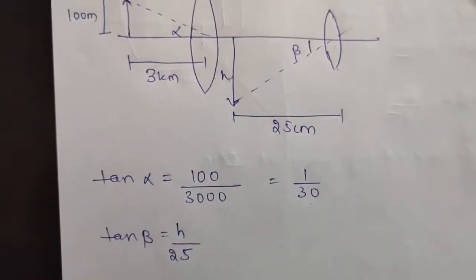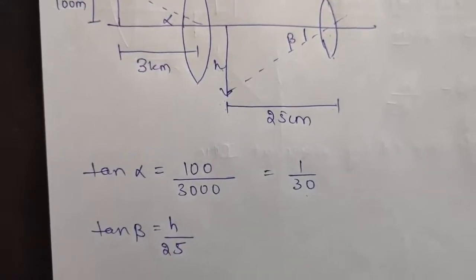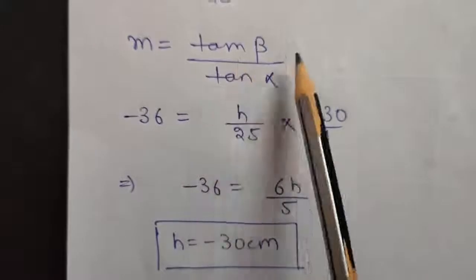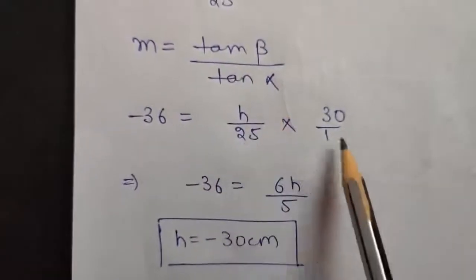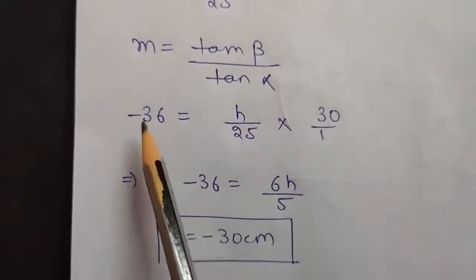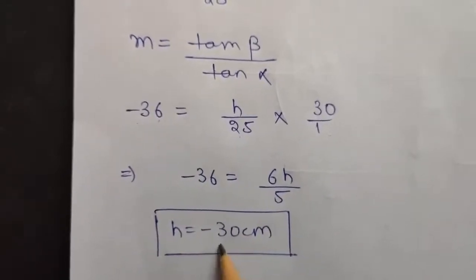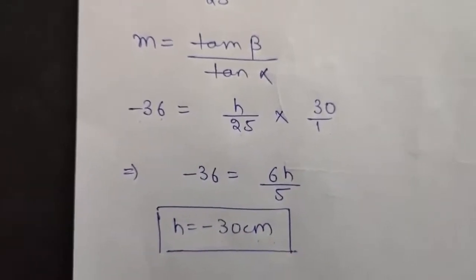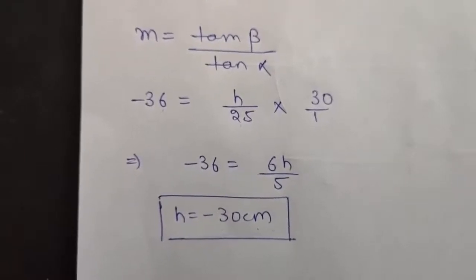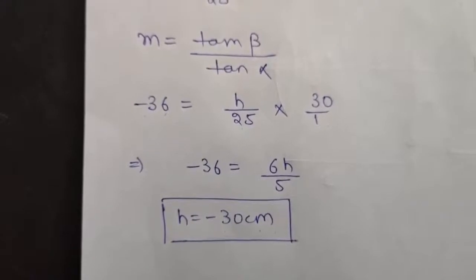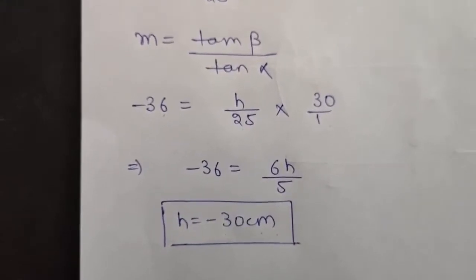Now as you know, the formula of magnification is tangent beta upon tangent alpha. So m will be tangent beta upon tangent alpha, putting the values. From here calculate the value of h, that will come to be minus 30 centimeters. That means the height of the image is 30 centimeters, and minus denotes that it is formed below the principal axis.